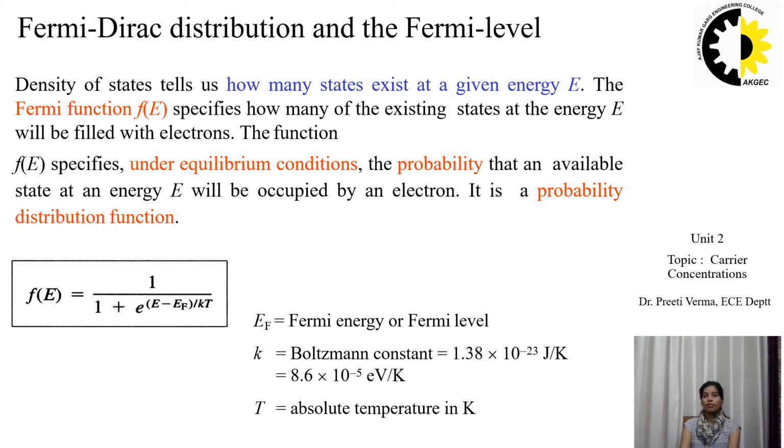The function F(E) specifies, under equilibrium condition, the probability that an available state of energy E will be occupied by an electron.